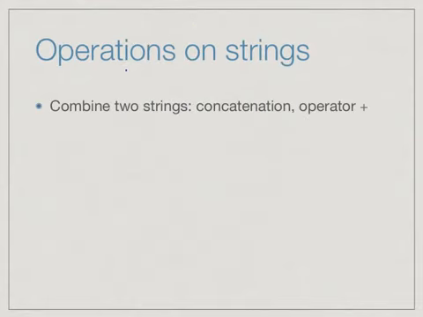One of the most basic things one can do with strings is to put them together, to combine two values into a larger string. And this is called concatenation, putting them one after the other. And the operator that is used for this is plus. So plus, we saw for numeric values adds them. For strings, the same symbol plus doesn't add strings. Obviously, it doesn't make sense to add strings, but it juxtaposes them. It puts them one after the other.